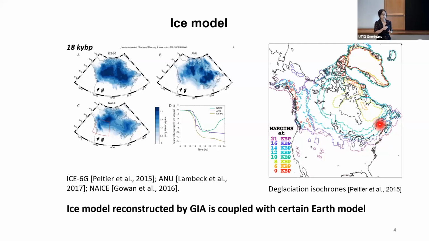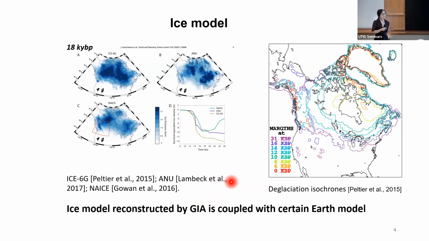But if we want a spatially continuous model, we need to apply the GIA model to consider the physics: how the Earth responds to the force from the ice, because we know this response now, and then we can reconstruct the ice height based on the GIA model.